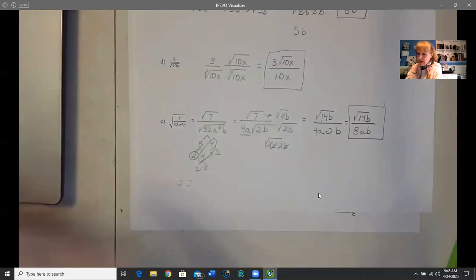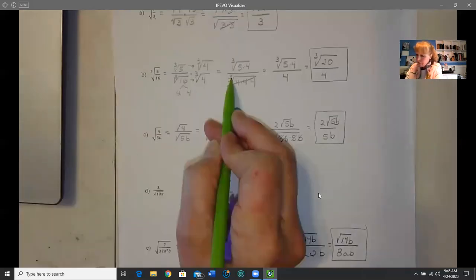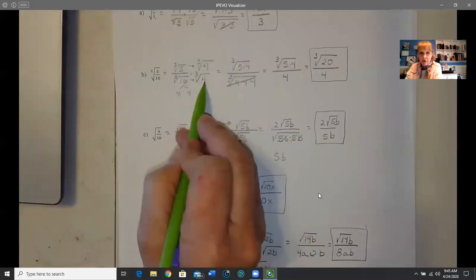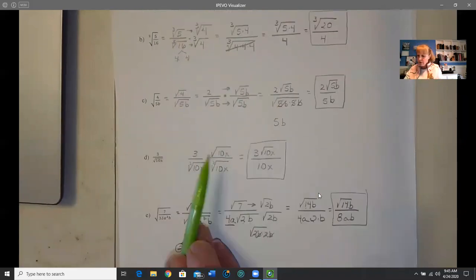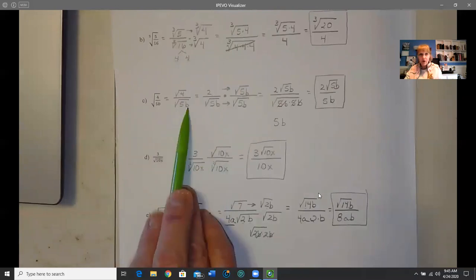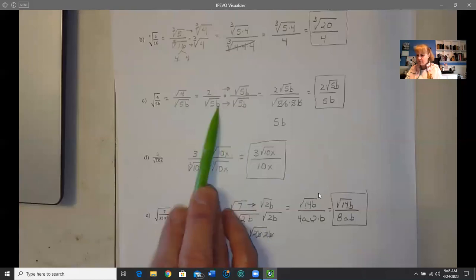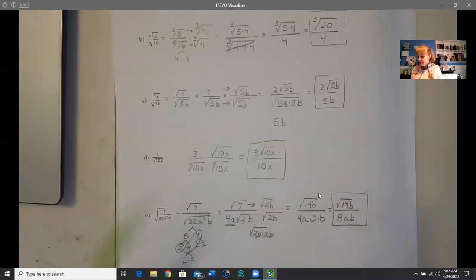And again, if you're rationalizing the cube root, just remember I'm looking for 3 of something, and if I've already got 2, you only need to get 1 more. You only need to multiply by 1 more. Otherwise, with square roots, you've got 1 5 underneath and a b, so I needed 1 more. I had 1 of each, so I needed another 1, because you need 2 underneath those radicals.